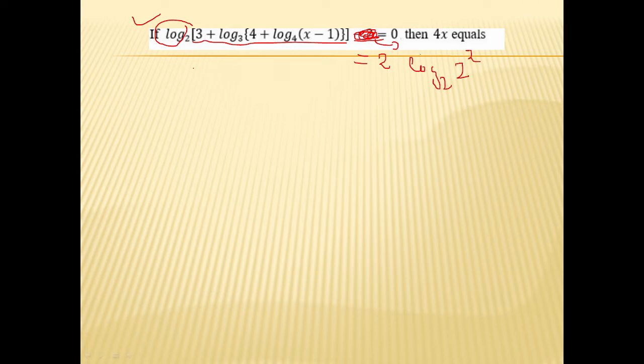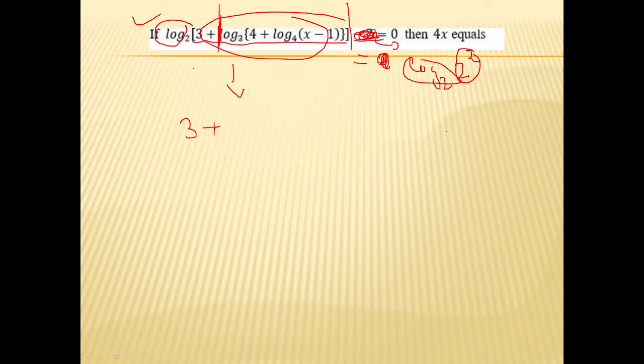Then only this will be compared and cancelled with 2. Log 2 compared, so this part equals this part. So note down this part, 3 plus this part. Now from here to the end will be equals 4.